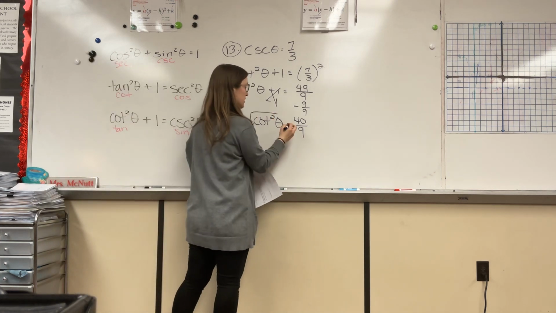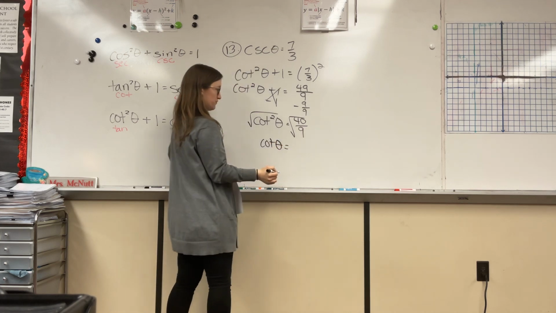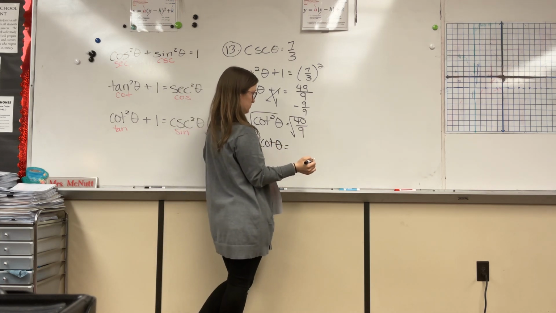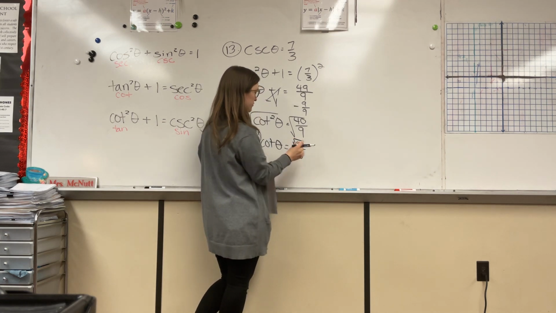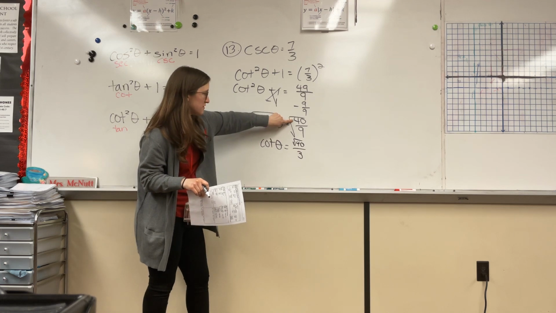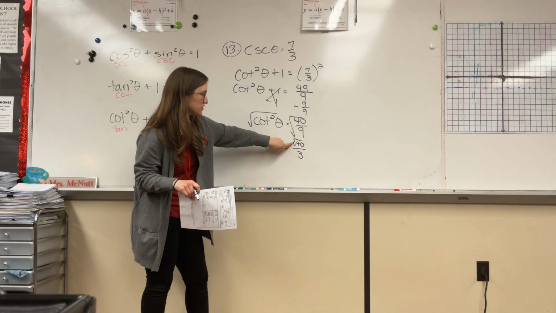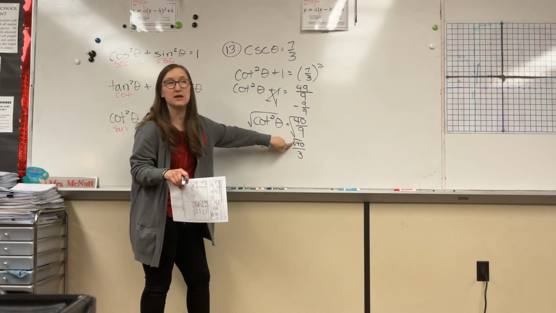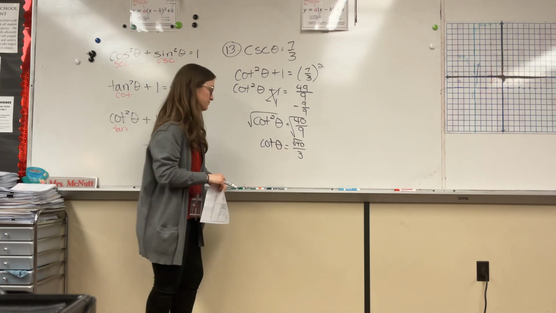Okay, so square root to get cotangent. This is going to be radical 40 over 3, right? The square root of a fraction is the same as taking the square root of the numerator and the square root of the denominator. So here's the square root of the numerator, which isn't a perfect square, and the square root of the denominator, which is a perfect square.